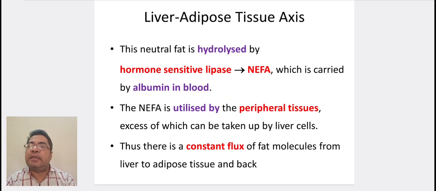The neutral fat is hydrolyzed by hormone sensitive lipase to non esterified fatty acids, which are carried by albumin in the blood. The non esterified fatty acid is utilized by the peripheral tissues, the excess of which can be taken up by liver cells. Thus, there is a constant flux of fat molecules from the liver to adipose tissue and back.